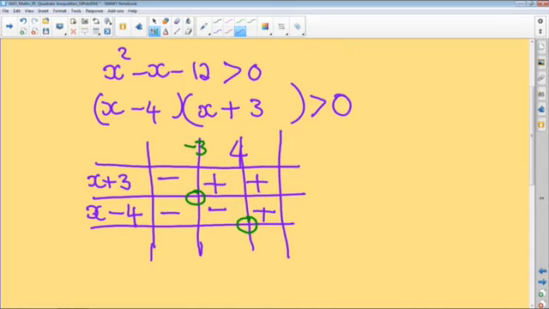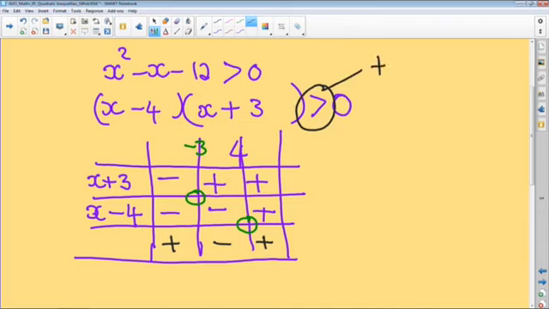And then from there, to read off the solution, we do the product: x plus 3 times x minus 4. If I multiply these signs, what is negative times negative? That's a plus. What is positive times negative? That's a minus. What is plus times a plus? That's a plus. Now this is greater than 0, so you're looking for a plus.